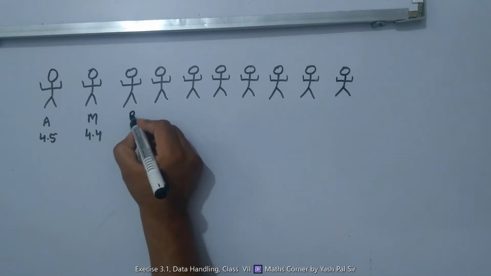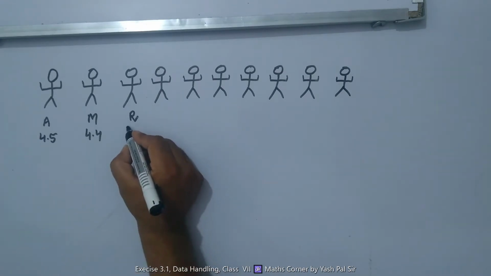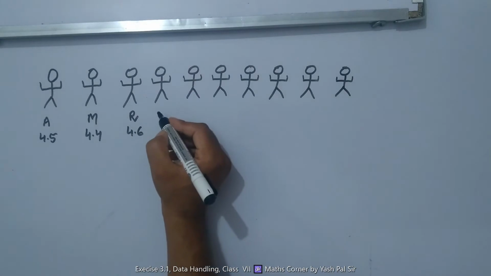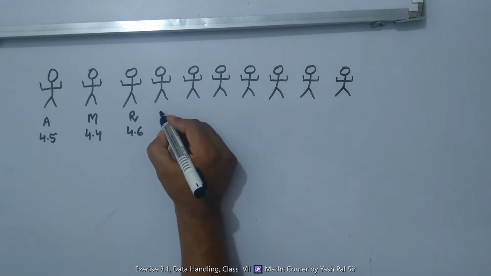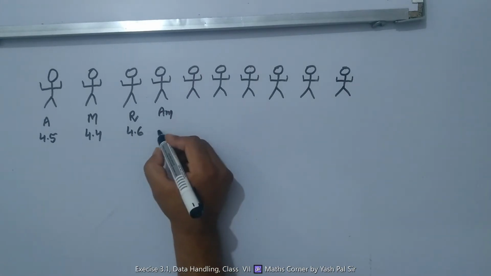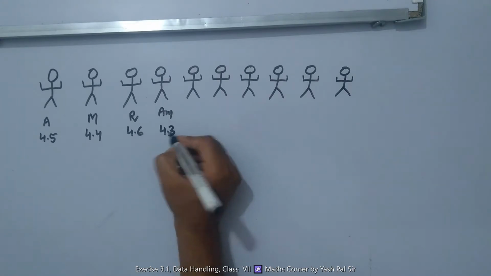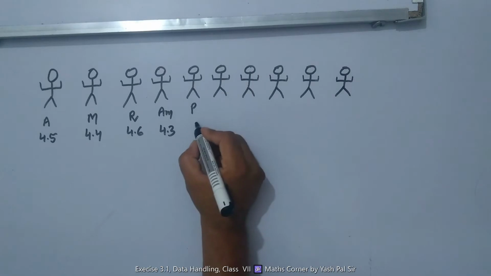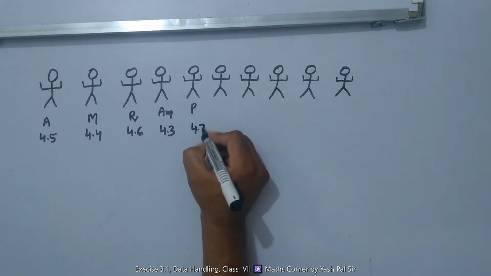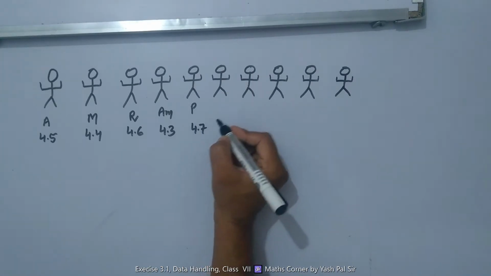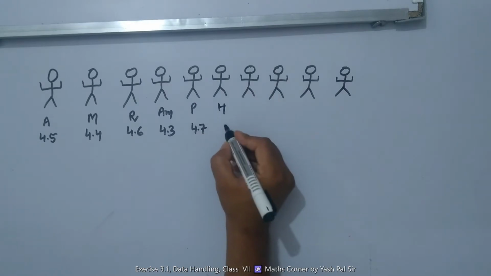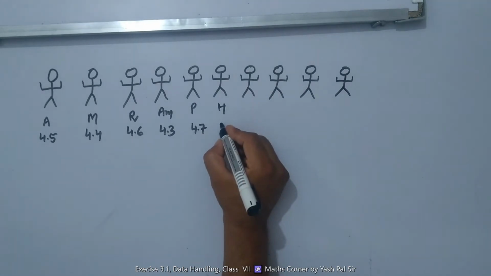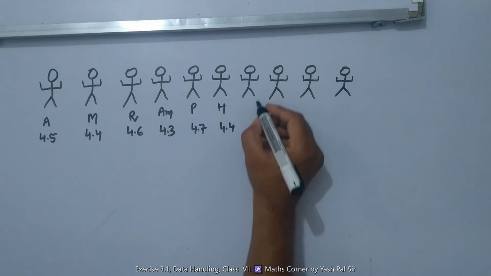Rahat Sharma, height is 4.6. Amanpreet Kaur, height is 4.3. Pratibha, height is 4.7. Harjot, suppose height of Harjot is 4.4.